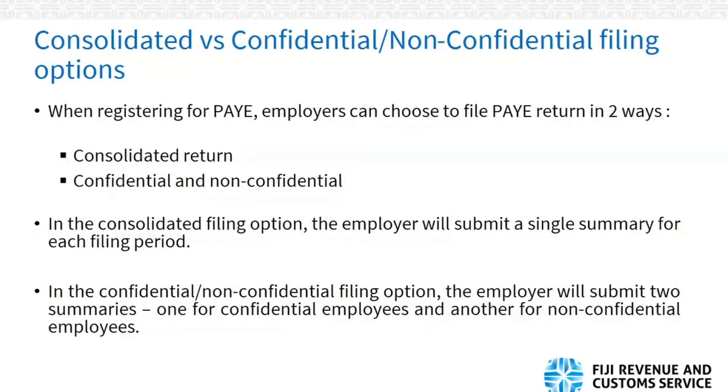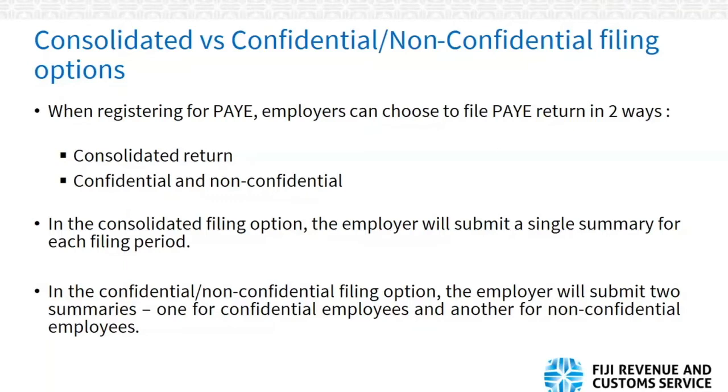And if you say confidential and non-confidential, sometimes some companies choose to have two payroll options. In one payroll record, they would choose to have their management staff or some confidential employee records, which they do not want to share with the normal employees.